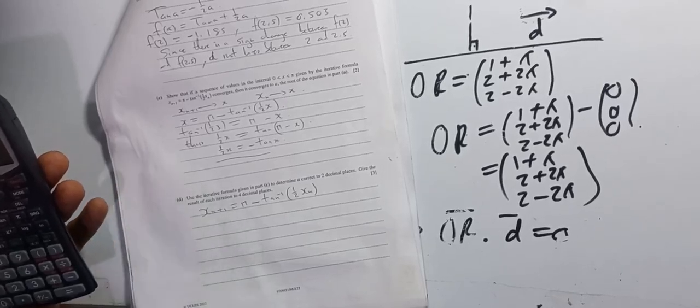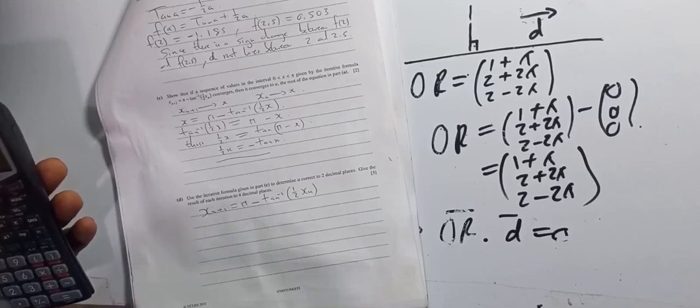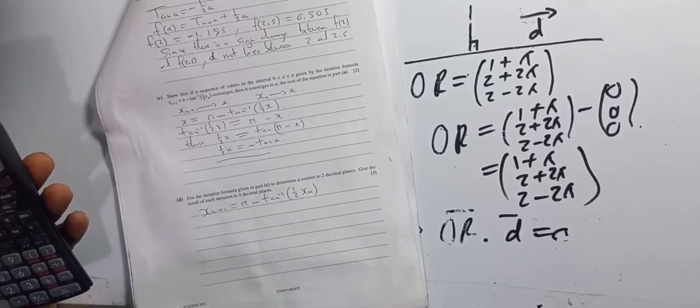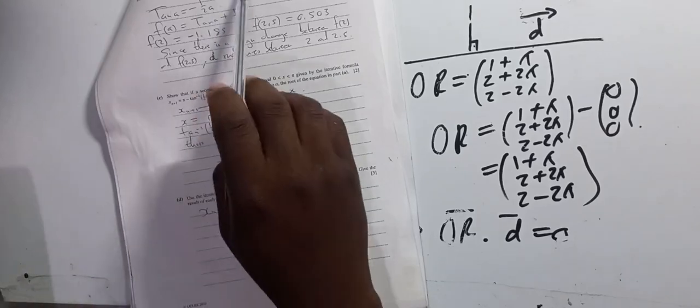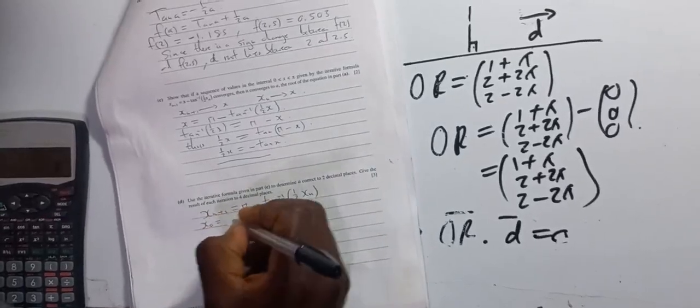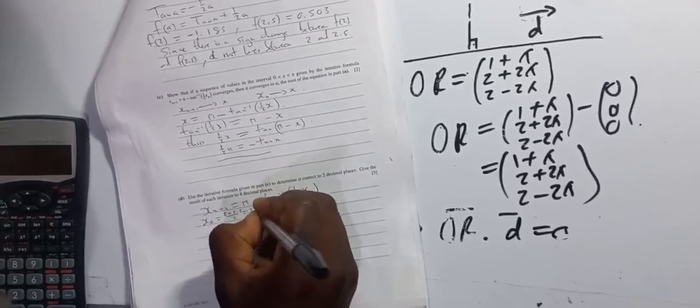We know our root lies in the interval 0 to pi, and since in part B we showed that the root lies between 2 and 2.5, we can approximate using the midpoint, which is 2 plus 2.5 over 2, equals 2.25. So we take x0 to be 2.25.